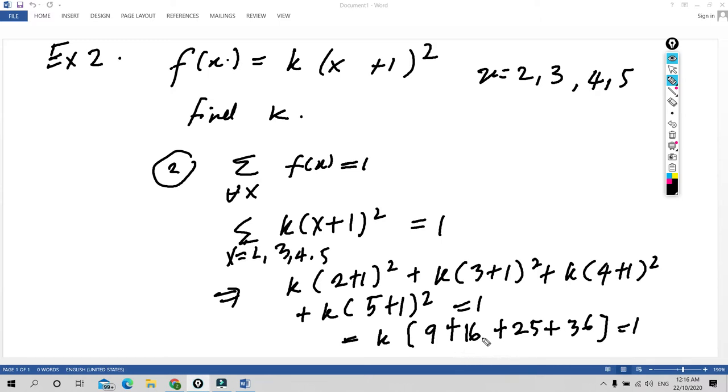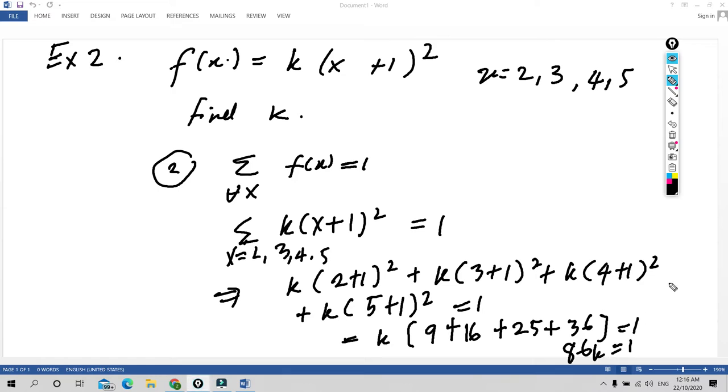If you solve this one, you will get 9 plus 16 is 25, 25 plus 25 is 50, 50 plus 36 is equal to 86. So 86k is equal to 1.